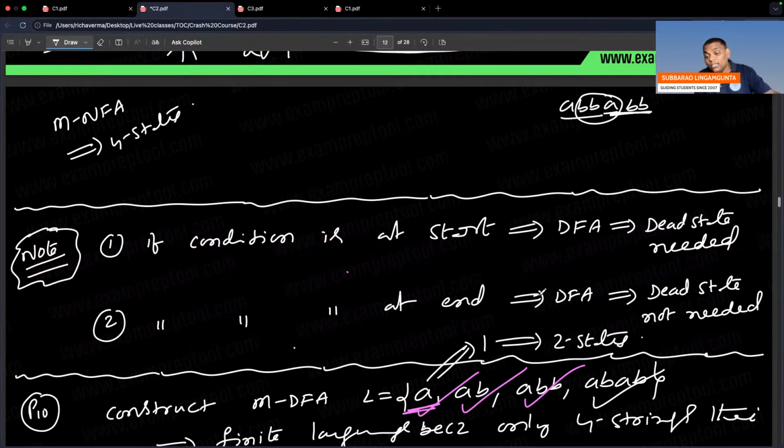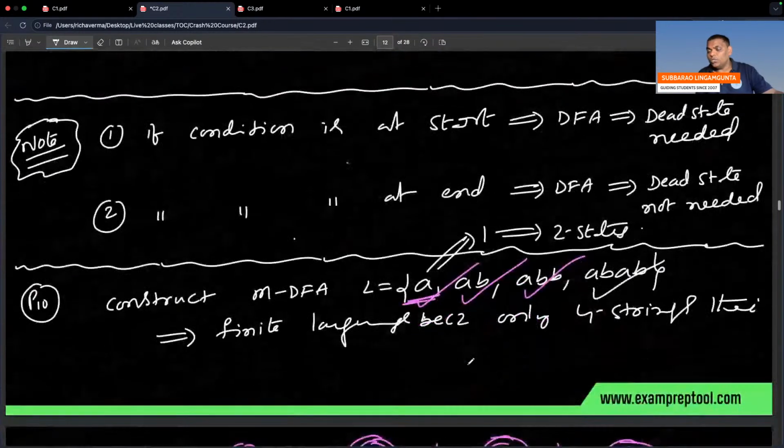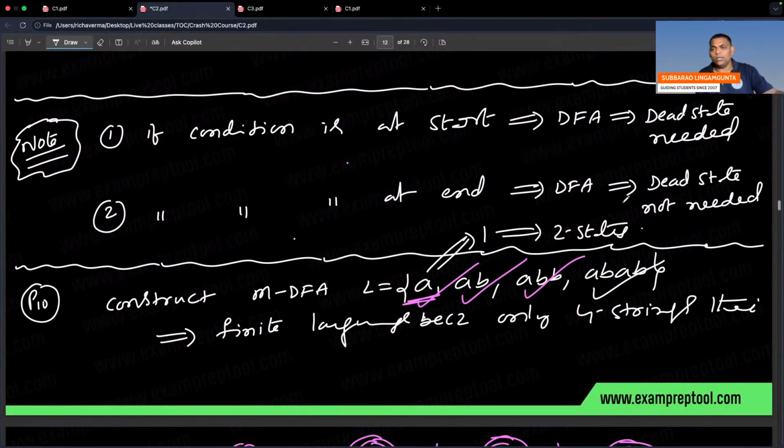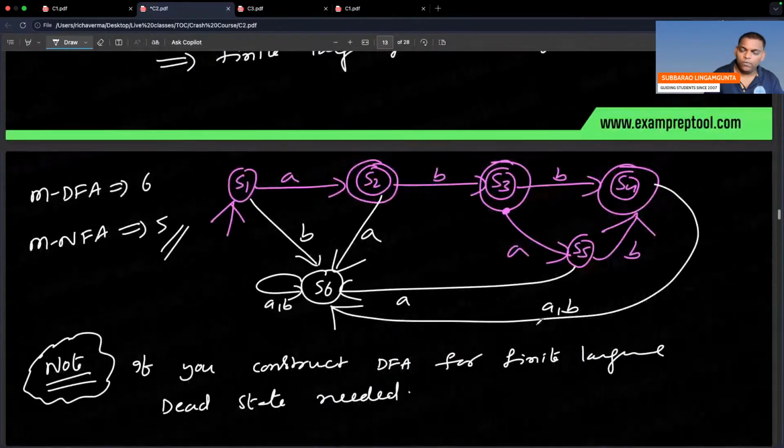After ABB, if A comes, the last three symbols are not ABB, but the last symbol is A, so I go to this state; A comes, go here, followed by BB. So ending keeps on changing, so for an ending condition a dead state is not needed. Fine, perfect, very good.